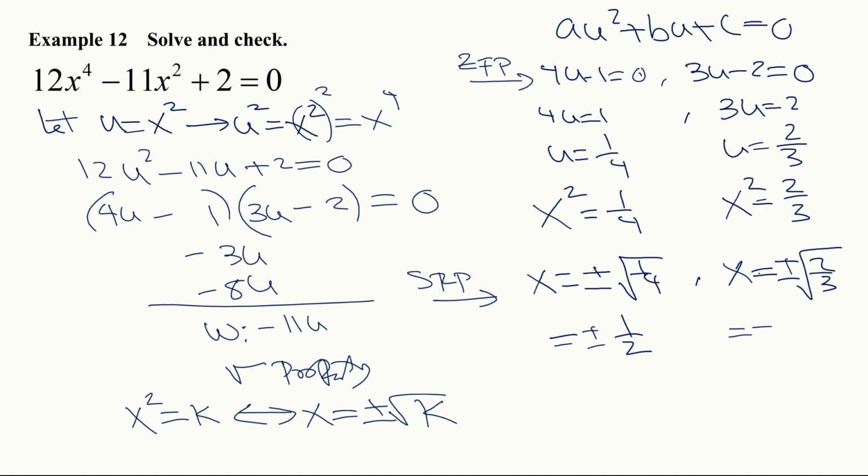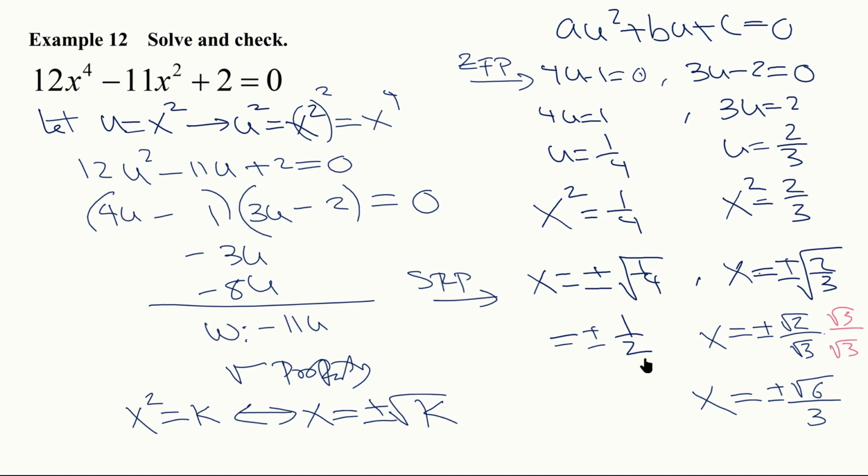So it's plus or minus square root of 2 over square root of 3. And we'll go ahead and rationalize the denominator by multiplying top and bottom by the square root of 3. So we get x equals plus or minus square root of 6 over 3.